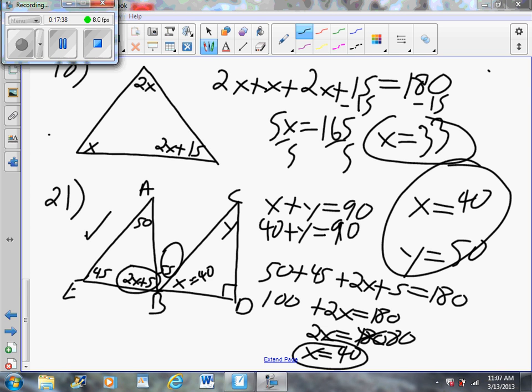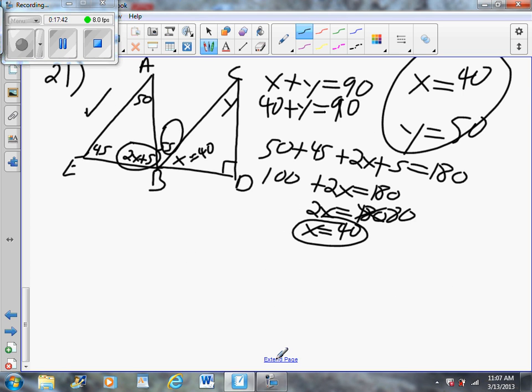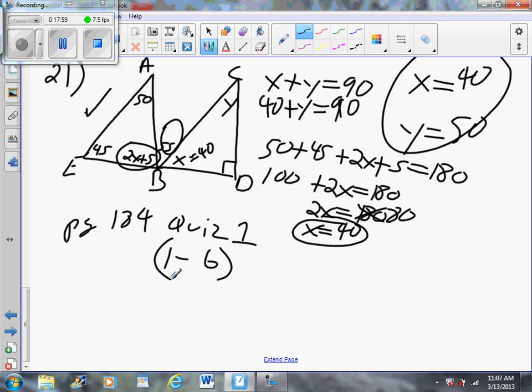Page 184. I want you to do quiz 1, and that's just 6 problems today, okay? That's classification of triangles by angles and sides. So 1 through 6. On top of that, of course, correct the mistakes that I believe are going to be there in your homework from last night. And we'll get into section 4.3 tomorrow, okay? But this should wrap up section 4.2.